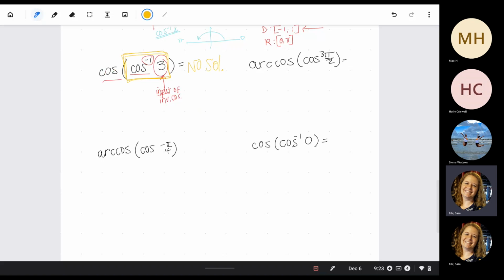But on the next one, actually, I'm going to go catty corner to the last one I wrote, since that has the inverse cosine on the inside still. So it's inverse cosine on the inside again. That means I'm asking myself, at what angle is cosine's value 0? Well, 0 is in this domain. So I can answer this, which means since these are inverse functions, I can just cancel it out and my answer is 0.